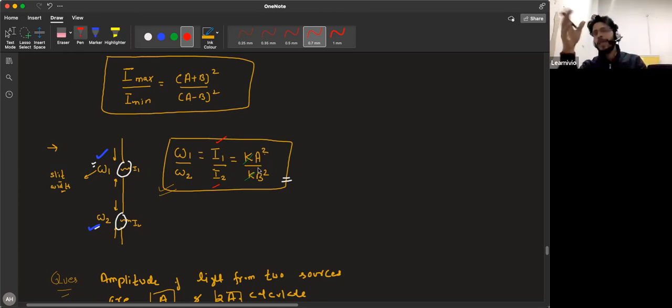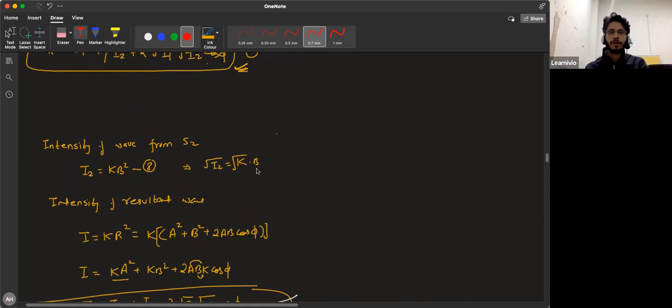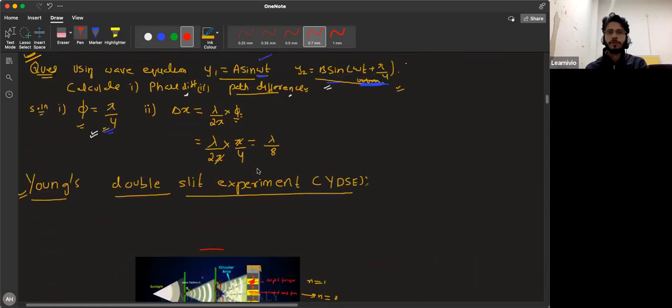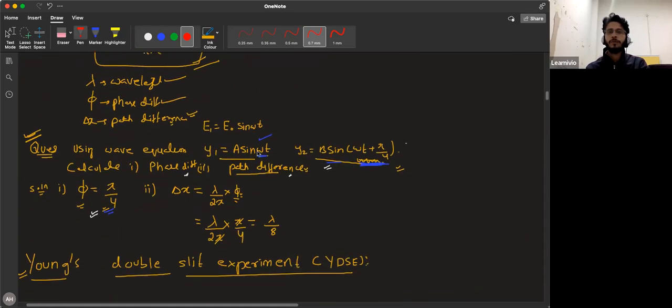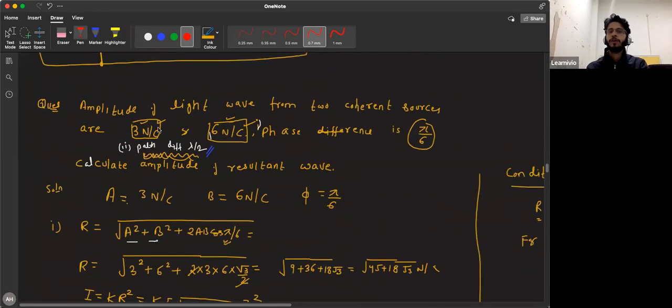We did a numerical today, the first numerical of the class, where A and B were given. A was 3 and B was 6. Instead of A and B, he can give you the ratio of slit widths. The ratio of slit widths will be equal to the ratio of the squares of their amplitudes. So instead of given A and B, he can give you W1 and W2.